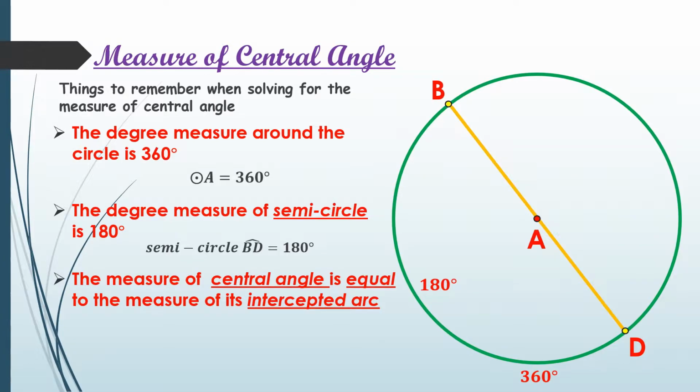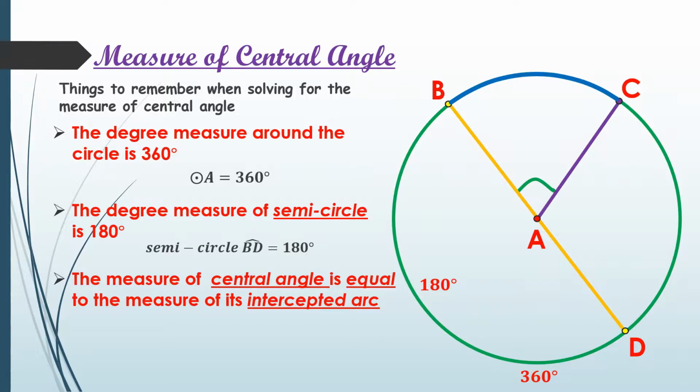Then we have the measure of central angle is equal to the measure of its intercepted arc. So if we have point C on a circle and connect it to your center A, you will form a radius and you will now have a central angle. So in our figure, let's have central angle BAC with intercepted arc BC.